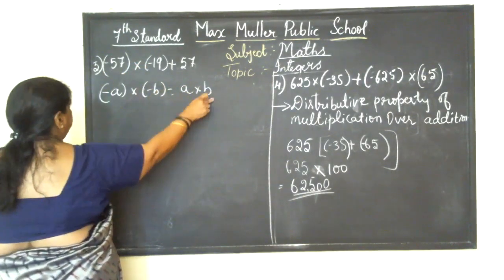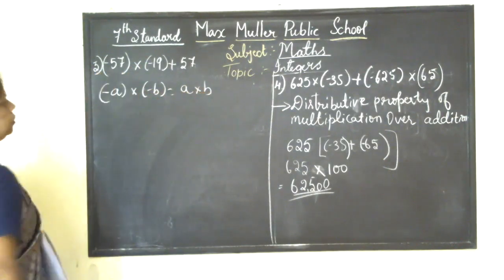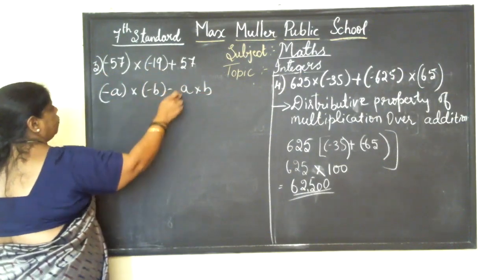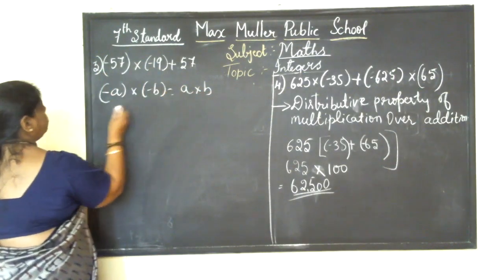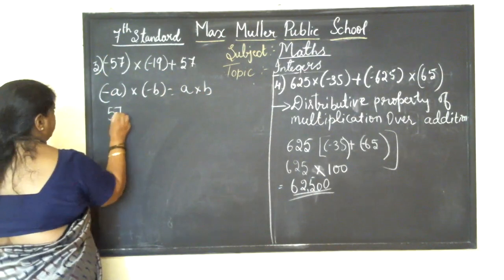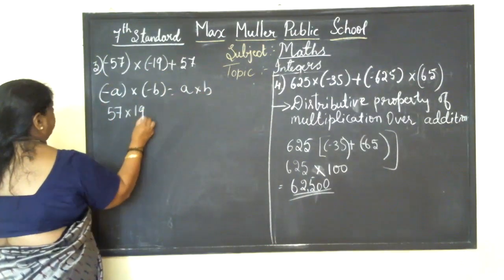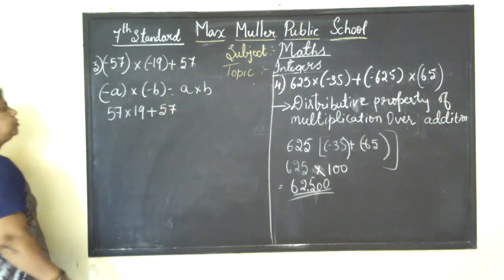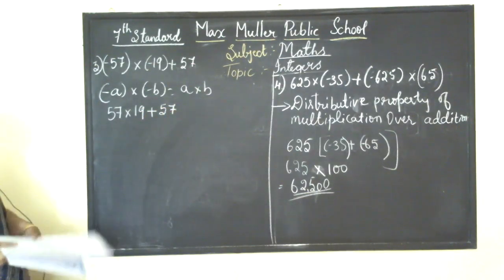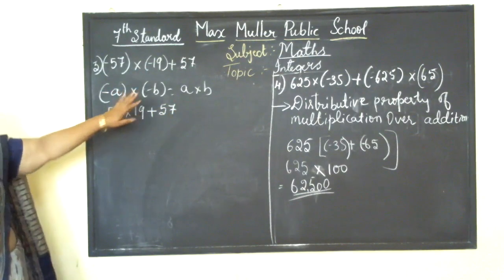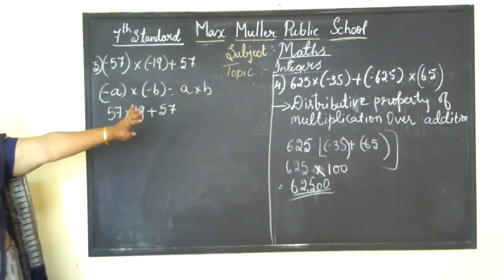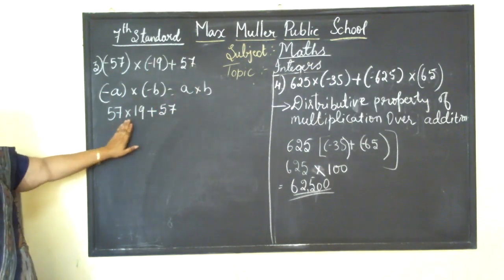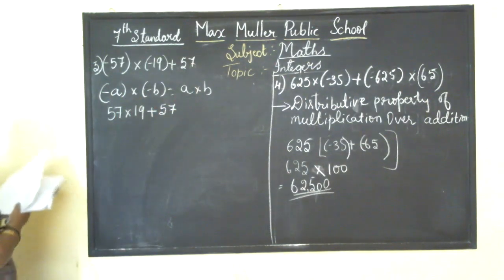So, A into B. Minus A into minus B will be equal to A into B. That is 57 into 19 plus 57. So we have removed now the minus sign. Minus into minus plus we got. So we take only the numbers 57 into 19.